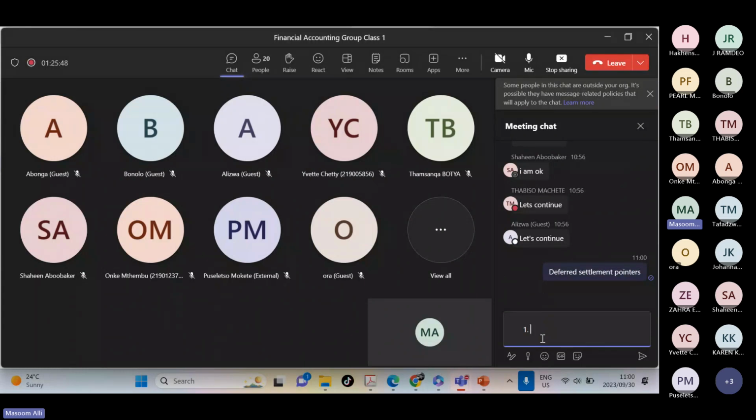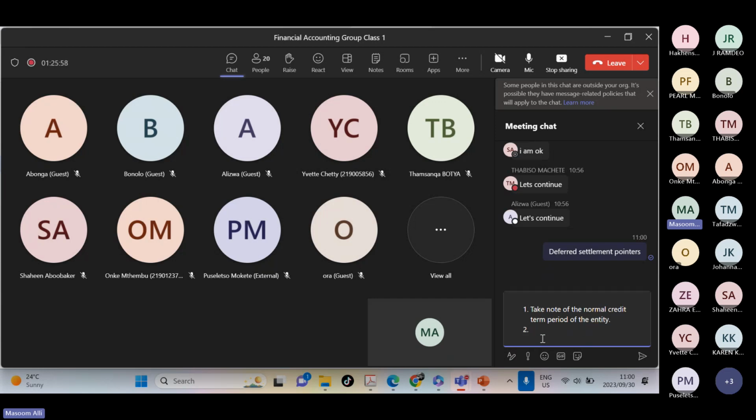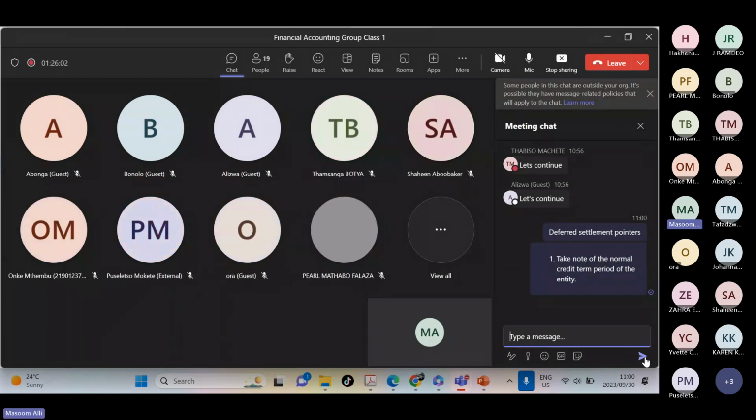Number one, take note of the normal credit term period of the entity. This is your first step. You take note of what your normal period of credit is. They will tell you this. This will be given, and you just need to go step by step through this process.